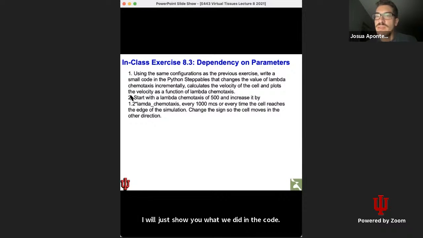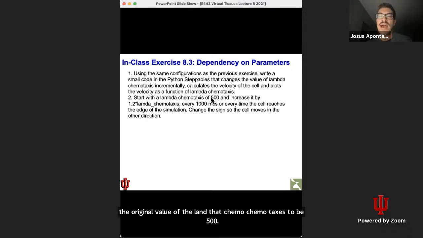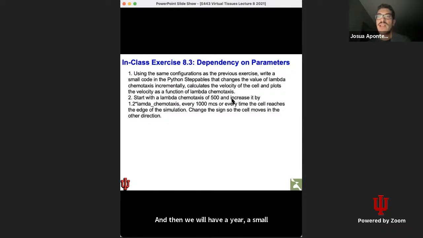But the basic idea of the code is that we will set an original value of the lambda chemotaxis to be 500, and then we will have a small script that is going to increase this lambda chemotaxis at the rate of 1.2, any time one of these conditions is met: either 1,000 Monte Carlo steps are reached, or every time the cell reaches the edges of the simulation.